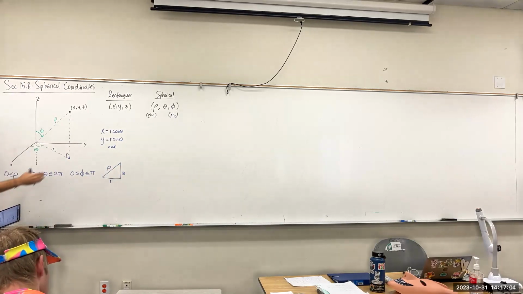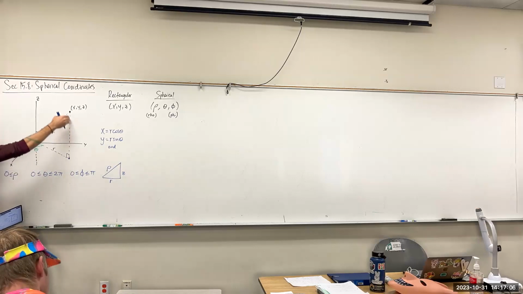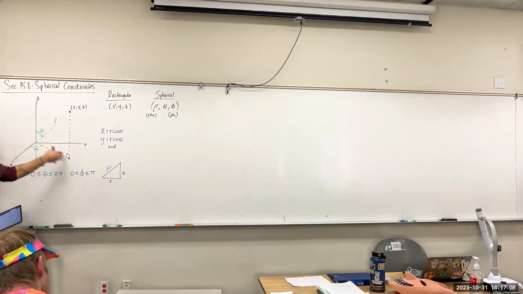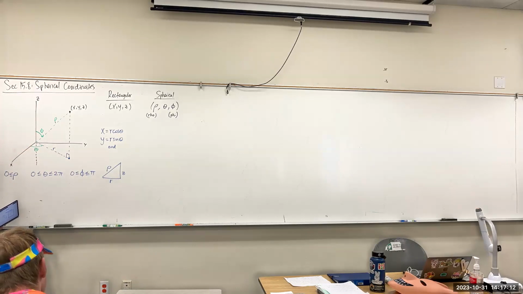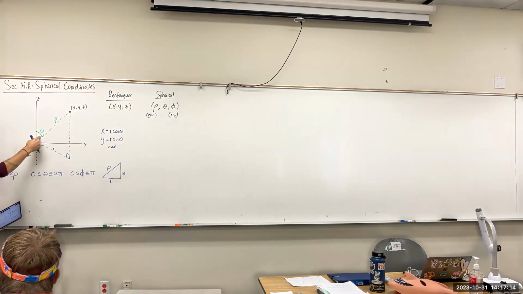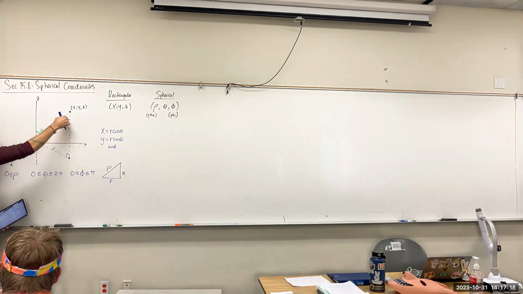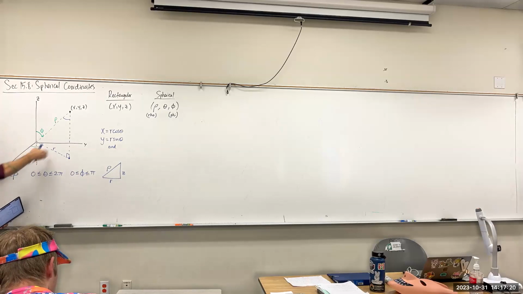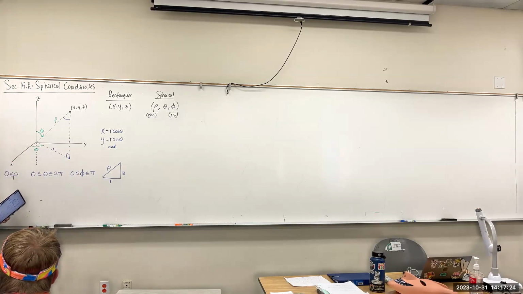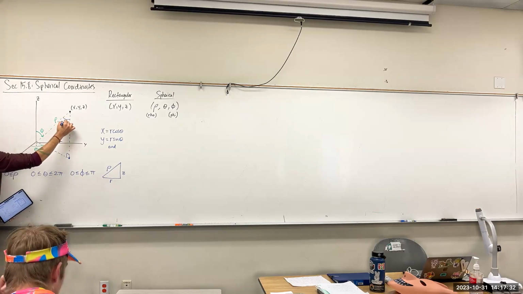Do you guys see how this line segment is parallel to the z-axis? Little fact of geometry: since this angle is phi, this is congruent to this angle because these are parallel lines. If you have two parallel lines and you cross them through another line, the opposite angles are going to be congruent. So this angle is also phi.